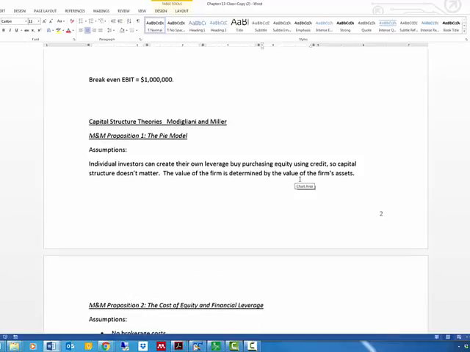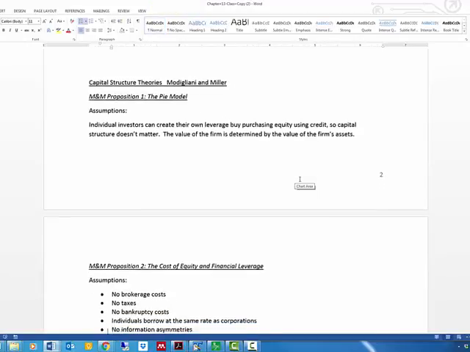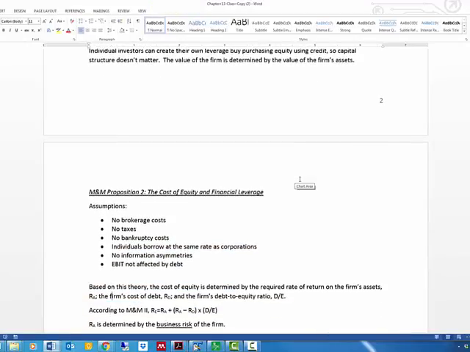So that's the idea behind the pie model, is you can create your own leverage for a company. You can leverage the investment up on your own. So there's no need for a company to take out any debt, because the investor can individually decide how much leverage that investment should have. Now, that ignores taxes and a whole bunch of other things, but that's kind of where they started.